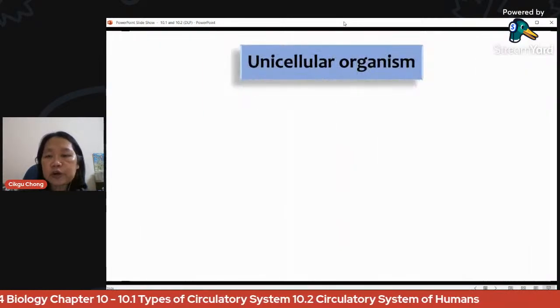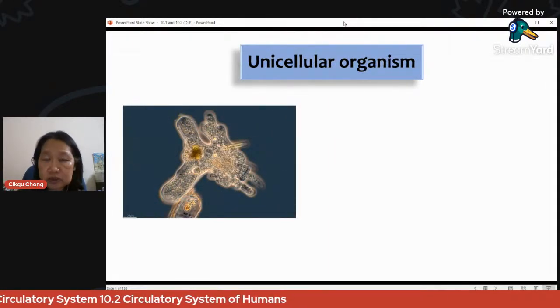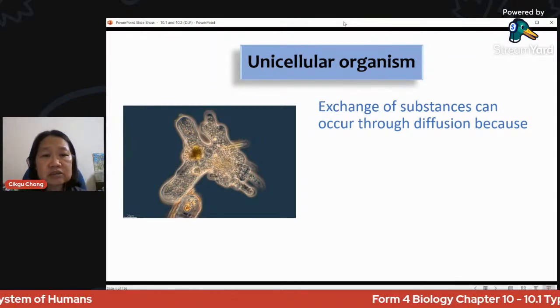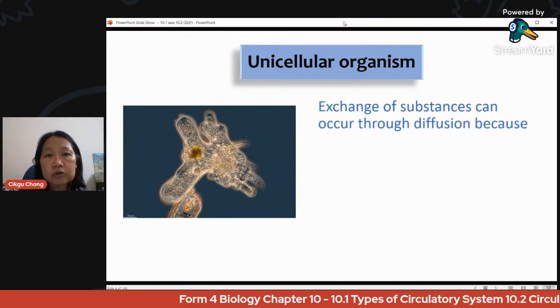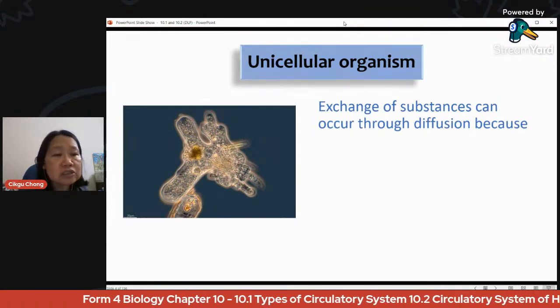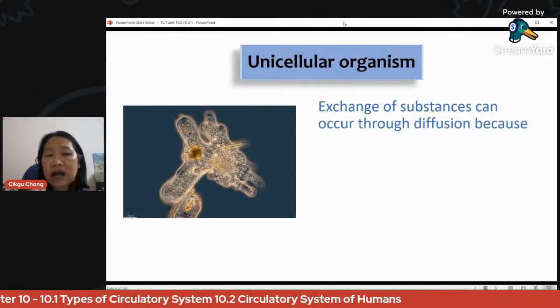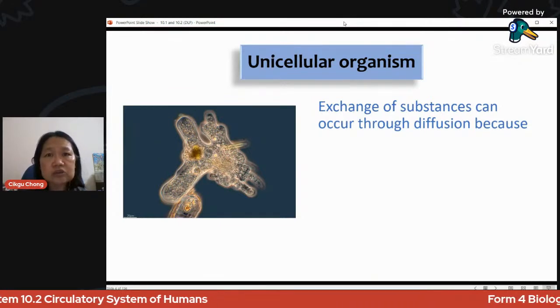For a unicellular organism, like the amoeba you can see here, which is very small, the exchange of substances can occur through diffusion. Diffusion will be adequate to bring in oxygen and nutrients, and carbon dioxide from the cell will be able to diffuse out into the environment to be excreted.